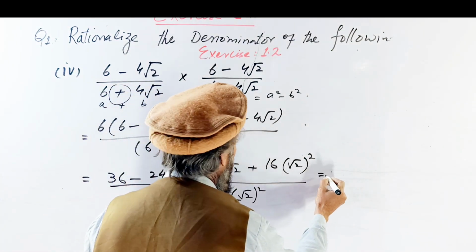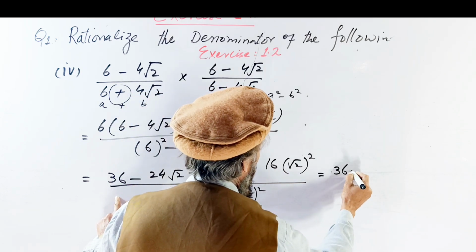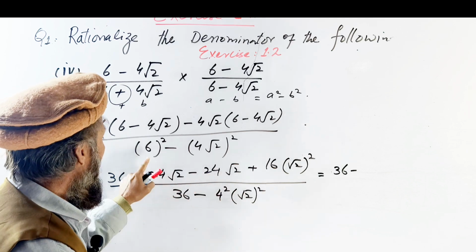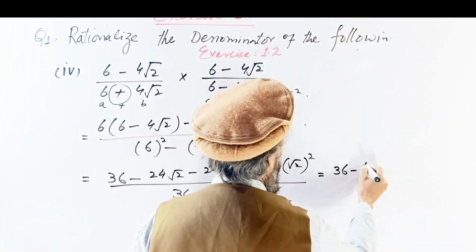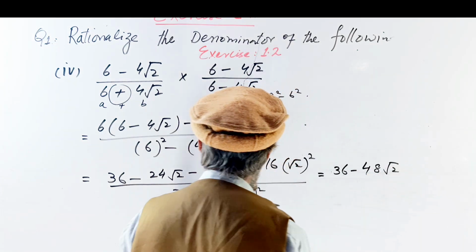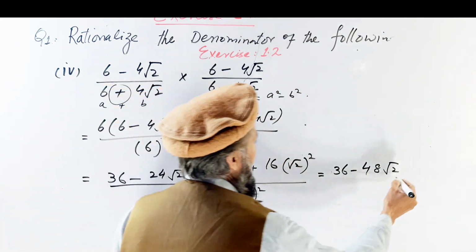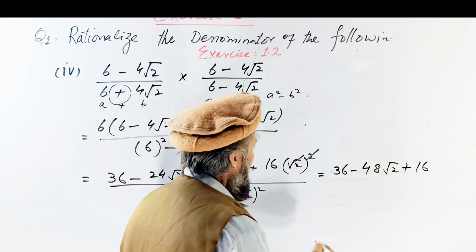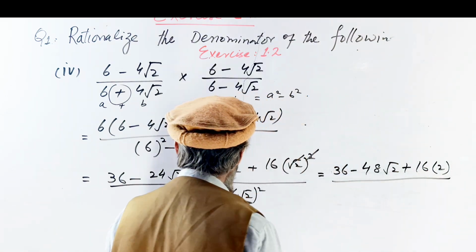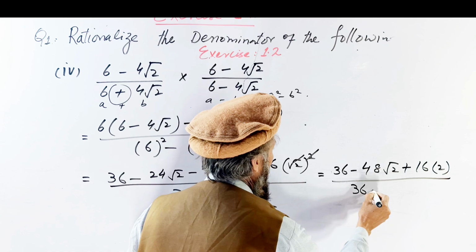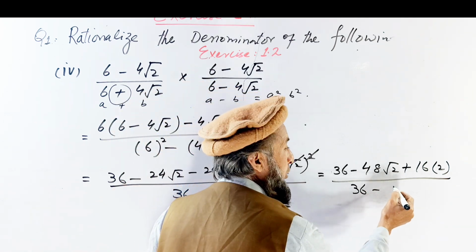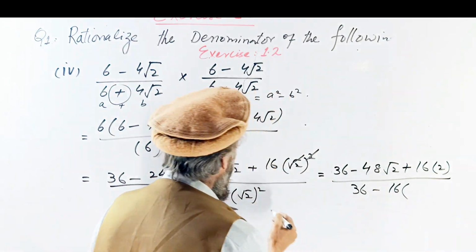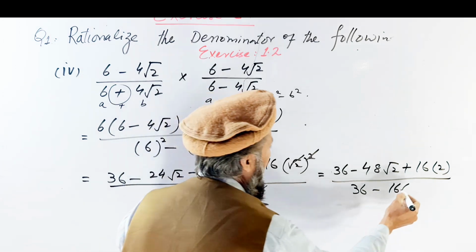So further we simplify this result, 36 minus 24 and minus 24, because here bases are same so we add their coefficients, minus 24 we get here minus 48, 2 under the root, and plus 16, and in this term both are cancelled, sorry for that, and we get 2 divided by 36 minus 4 square, means 4 is 2 times multiplied, so we get here 16 into also this 2, and square root are cancelled, we get here 2.